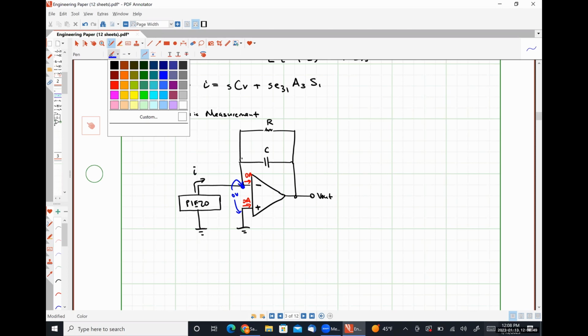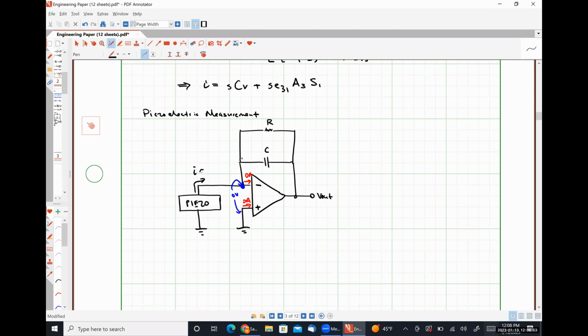So our current here, well, let me just write it not as approximately equal, is going to be I_AC plus I motional, right?